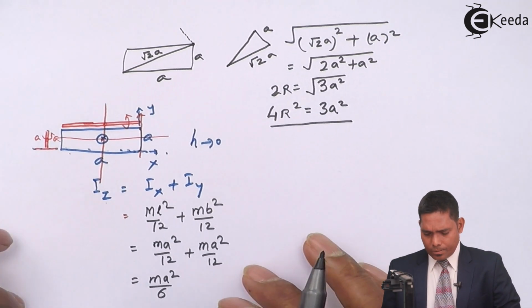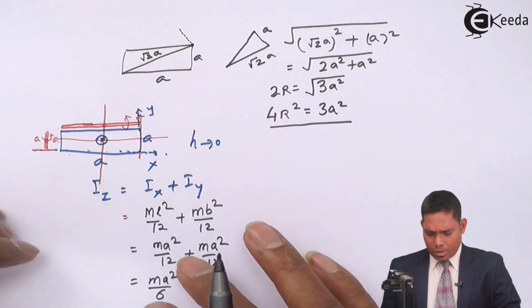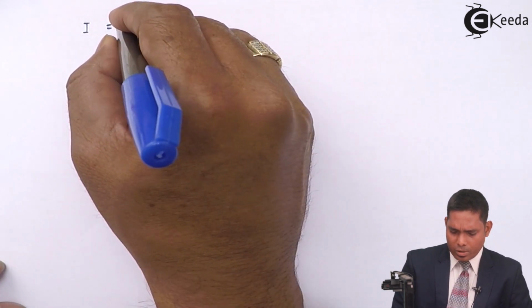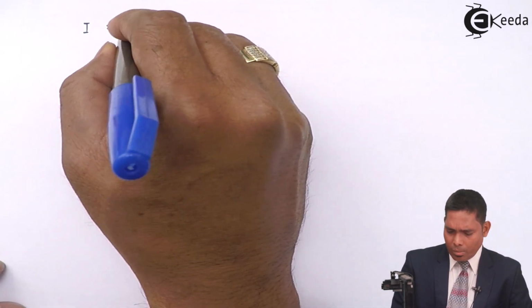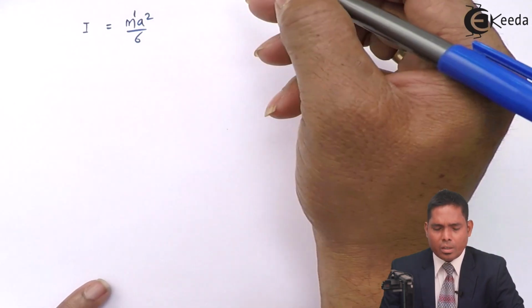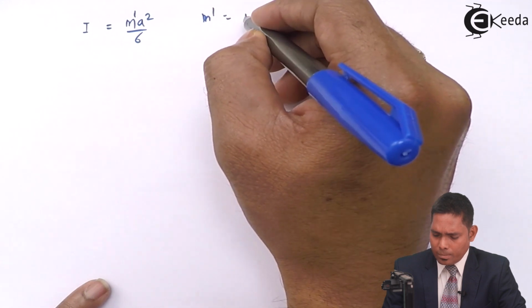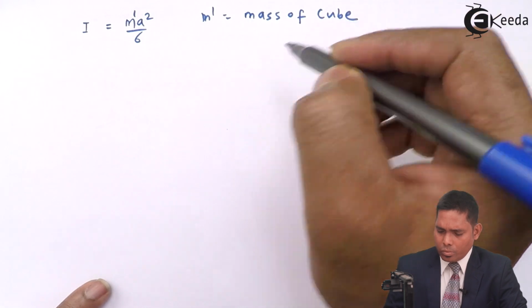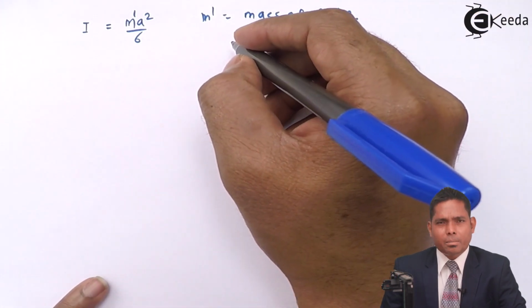This is the answer to this question, but then we have to write this all. So the answer is ma square upon 6, where m, suppose I will call this m dash, is the mass of cube.